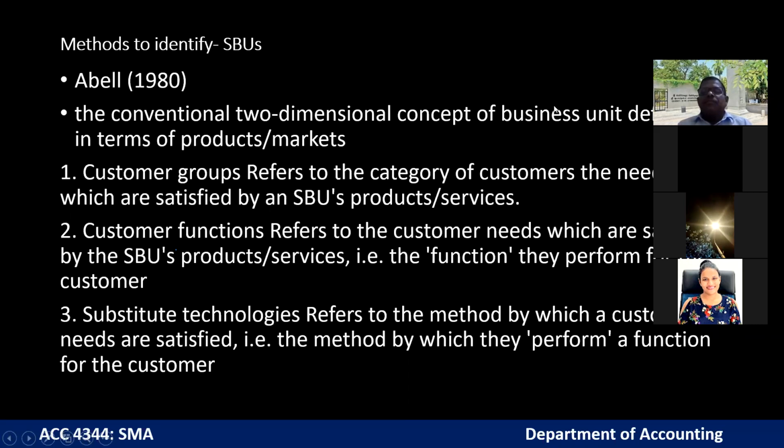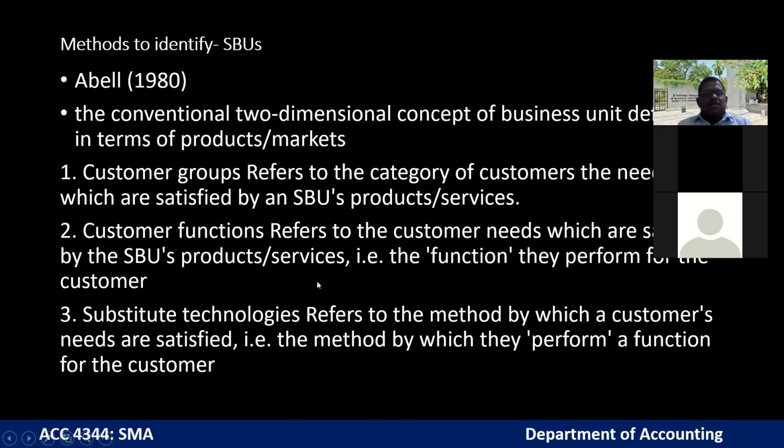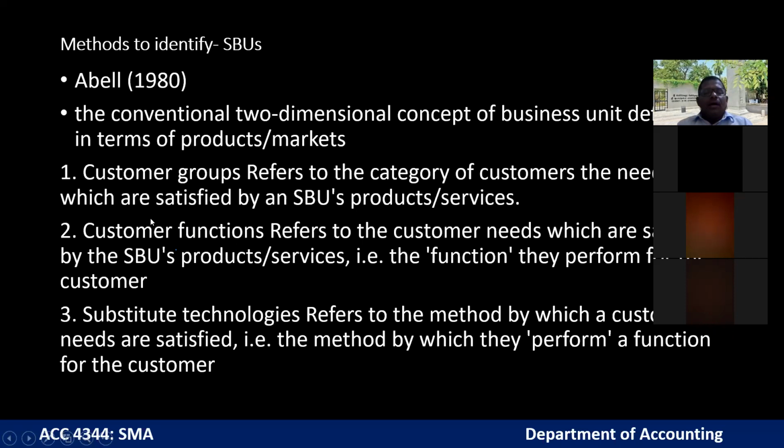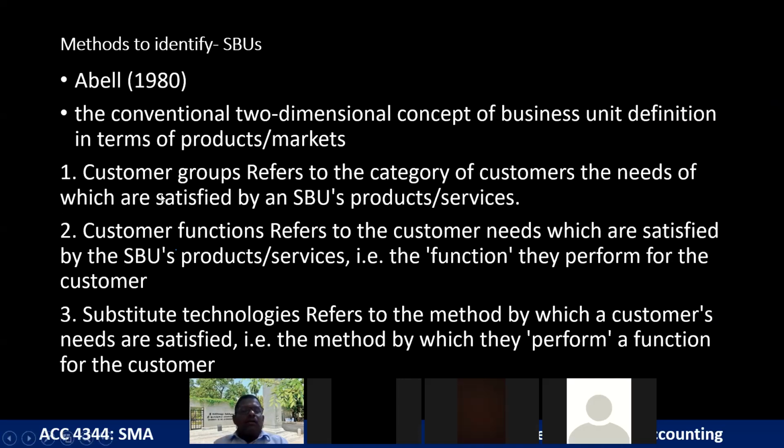Two-dimensional means we take the customer and the product market. If you look at the first one a little further, here you focus on customer groups, which refers to the category of customers' needs. So you are trying to segment the customers and define accordingly. For example, you may define the customer based on age.